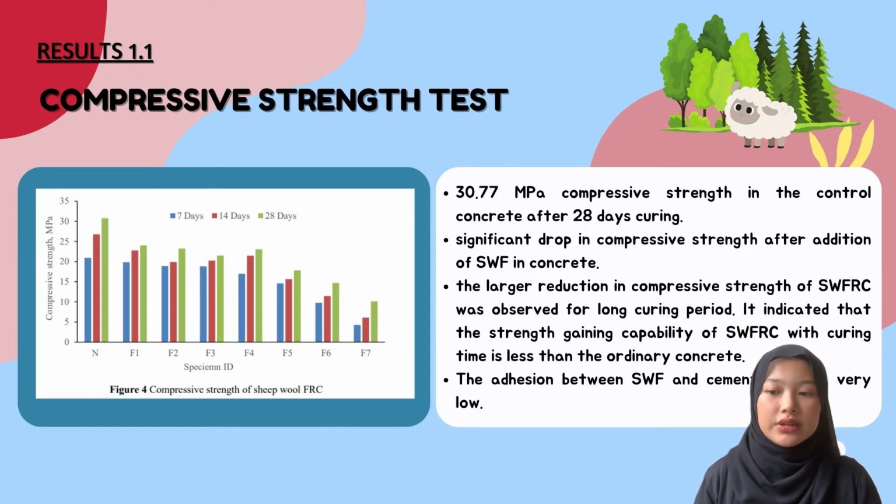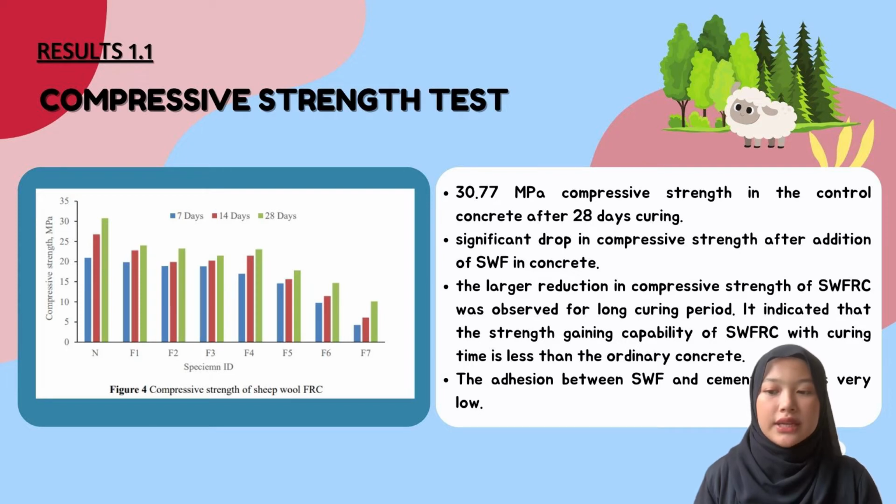In addition, the reductions found for 14 days and 28 days curing time were 14.95% to 77.3% and 22% to 67.1% respectively, for the sheep wool fiber content of 0.5% to 6%.